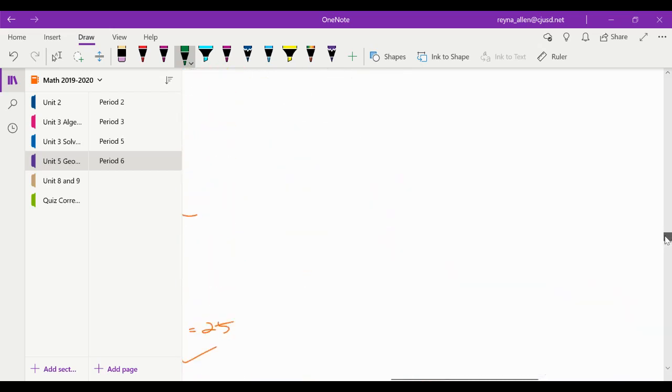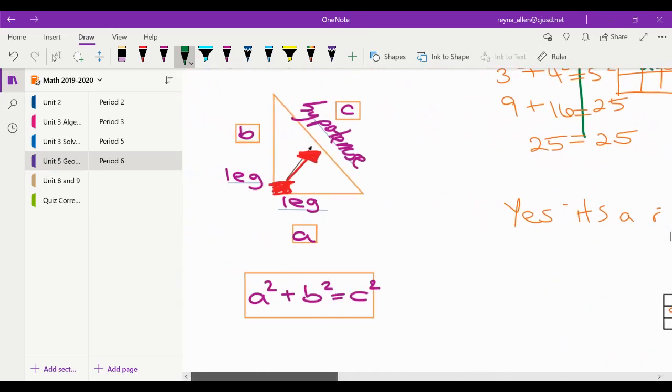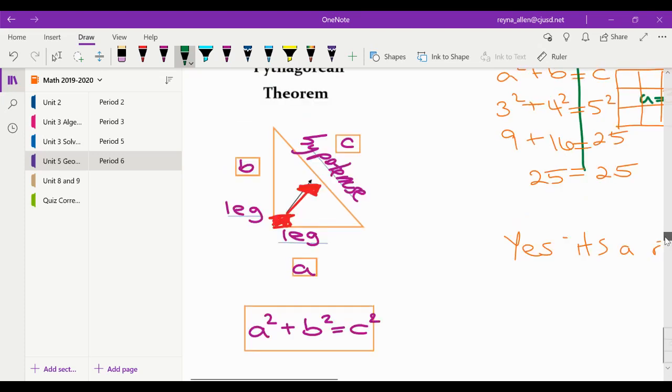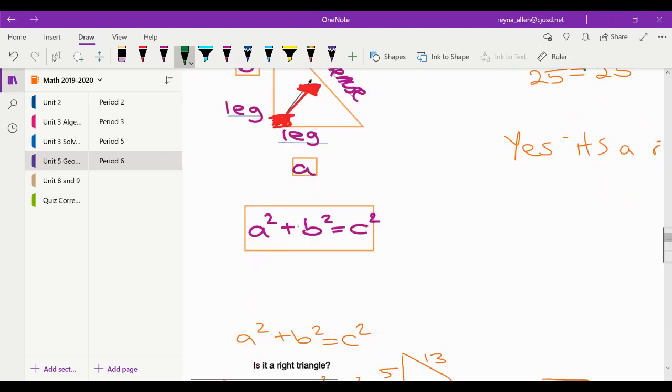Okay, so as a review, we have this new theorem. It's called the Pythagorean Theorem. And what it does is we use this formula, a squared plus b squared equals c squared, to tell us if triangles are right triangles or not.